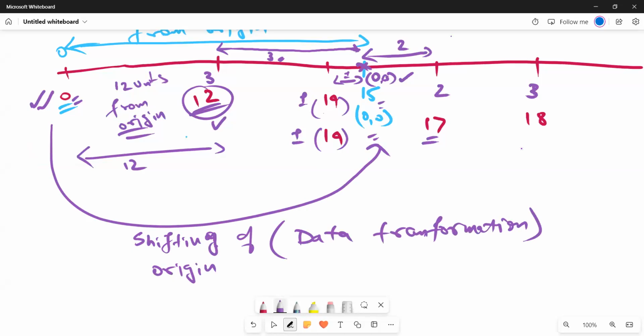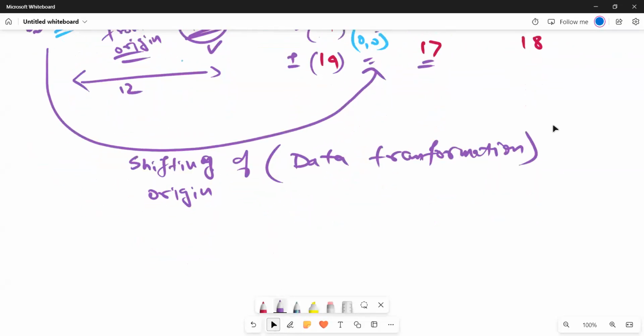You'll see that you will be using the transformation of the data many times when you're dealing with the actual data sets. Transformation of the data is done for various reasons. One of the prime reasons for this is to remove skewness from the data, right?